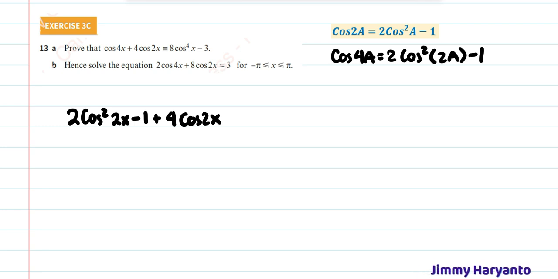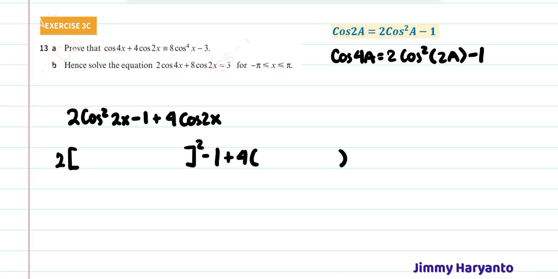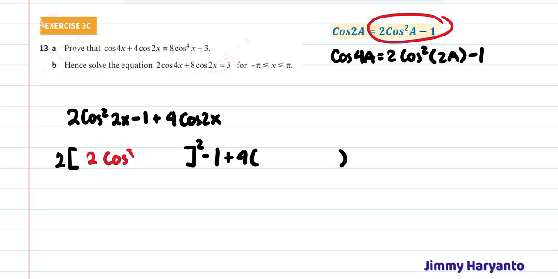So we have to change the cos 2x also. So 2 times minus 1, we have square right there, and then plus 4 times the cos 2x. I will use this formula, so the cos 2x will become 2 cos square x minus 1, and this one also the same, 2 cos square x minus 1.